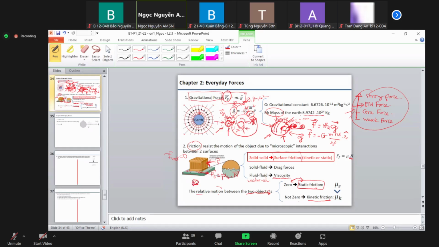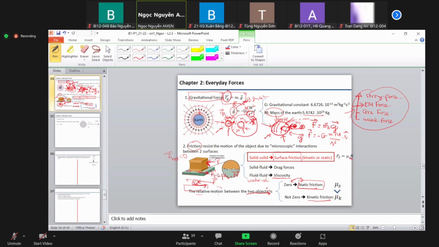Now it moves. Here is the block, here is the table. You increase the force acting on it, larger than the force before, and you see it moves. We also have friction here, and in this case, when it has moved, you have to care about kinetic friction.